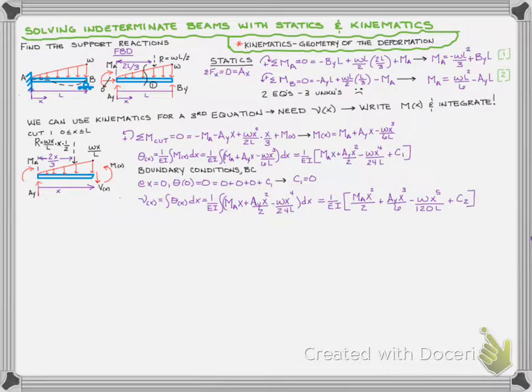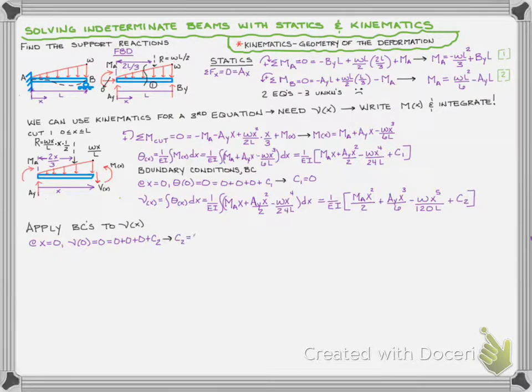Once again, we want to look at our boundary conditions. Interestingly enough, when we apply our boundary conditions for displacement, there are two different boundary conditions that we know. We know at x equal to 0, the displacement is equal to 0, so we plug that in and have 0 plus 0 minus 0 equals C2.